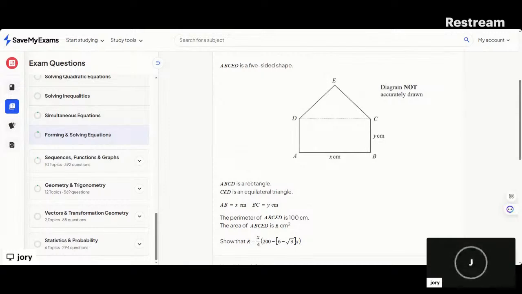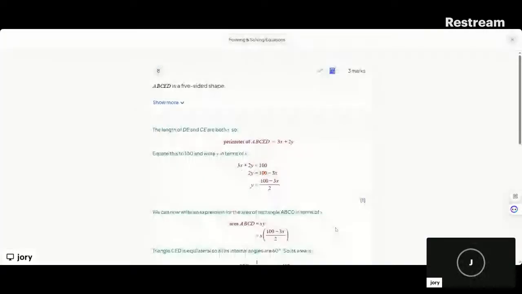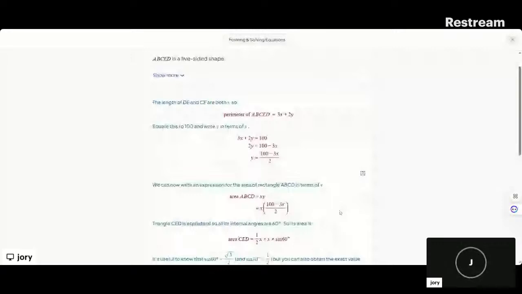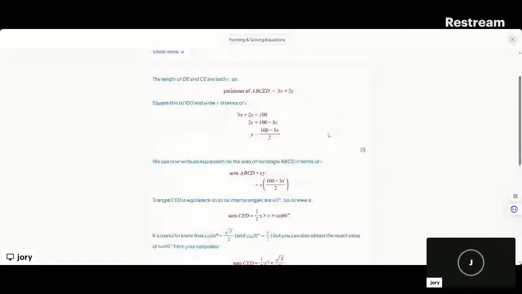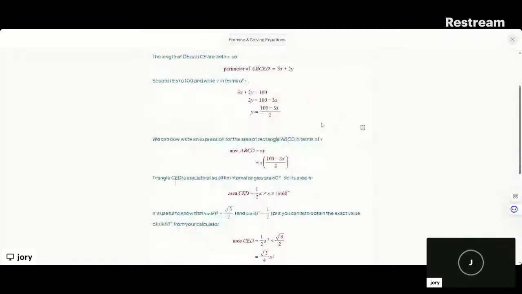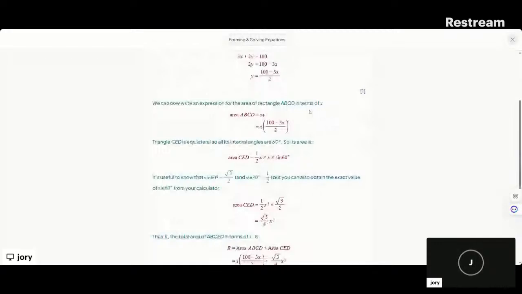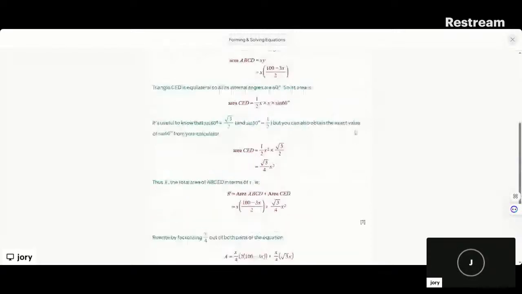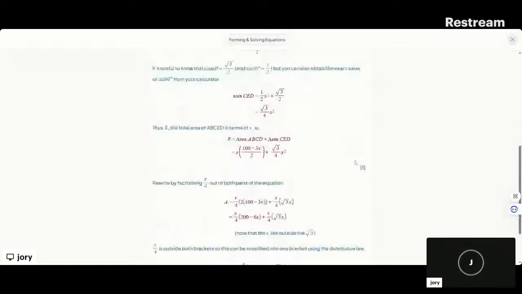It's gonna be 1,100x square root minus 3x cube root 3 over 8. My logic. Go. She didn't simplify.